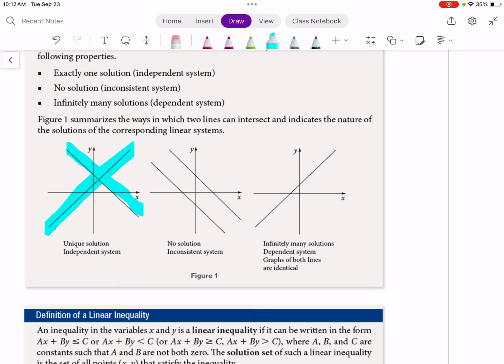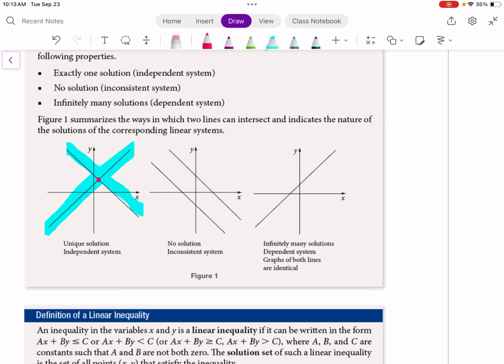Solving these two linear equations means we are finding the point where these two lines intersect each other. We are trying to find the coordinates of this intersecting point. So we have two equations, we graph each of these two equations, and we look for the point where they intersect each other.